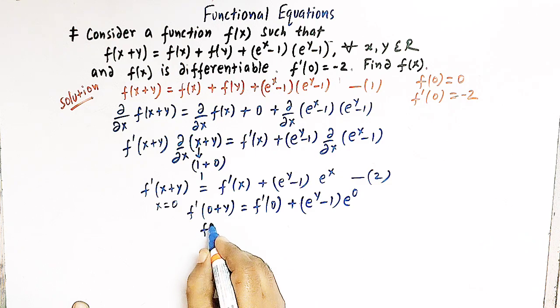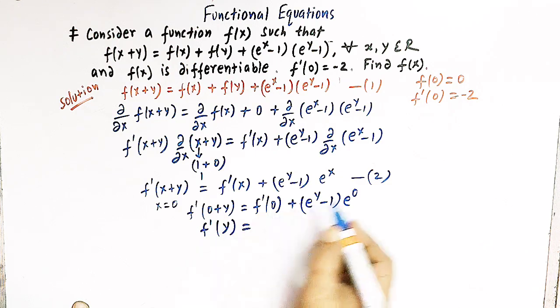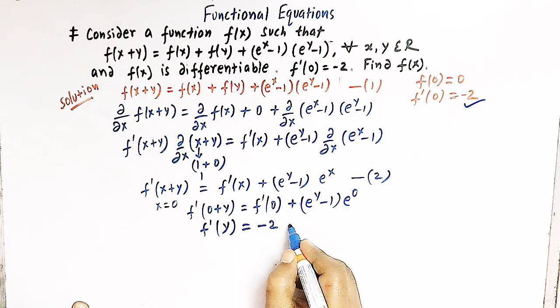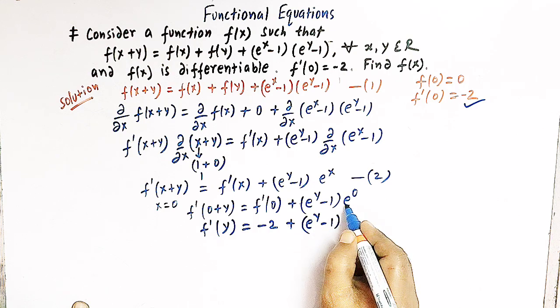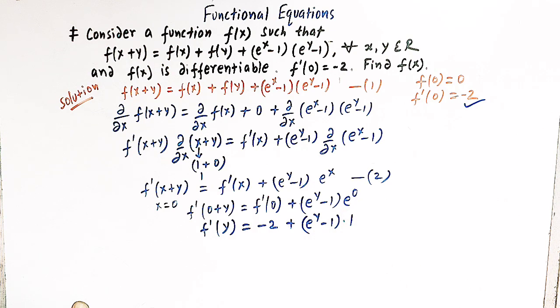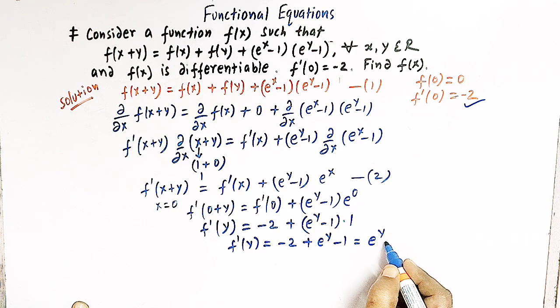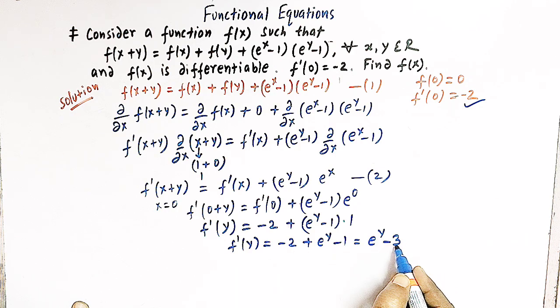Now this f prime of 0 plus y is f prime of y, and f prime of 0 can be replaced by minus 2, and then we have e raised to y minus 1, and e raised to 0 is 1. So we have f prime of y is equal to minus 2 plus e raised to y minus 1, and that is equal to e raised to y minus 3. Minus 2 minus 1 is minus 3.